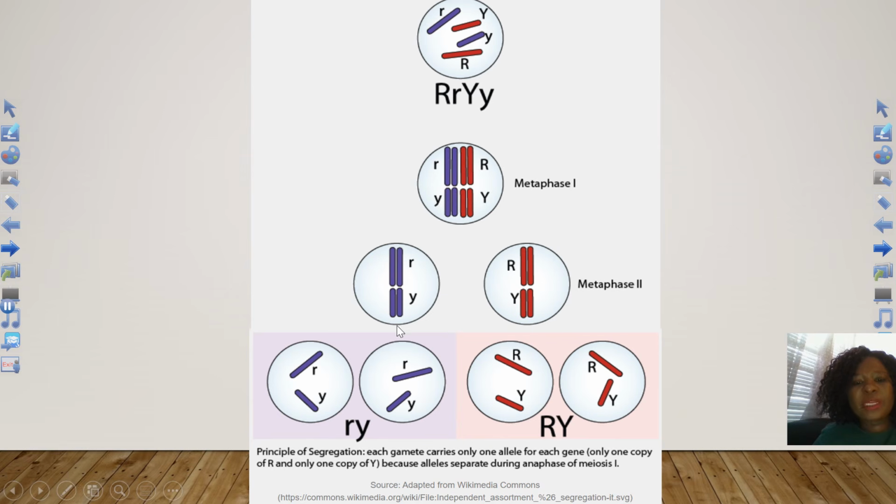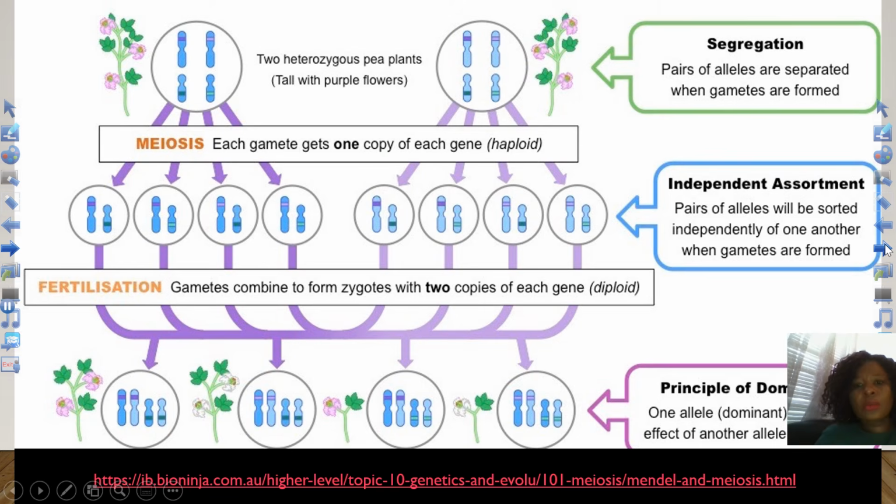This is showing you metaphase 2, how the cell would look with the chromosomes arranged at the equator, and then the segregation happens so that one gamete will have the small r, small y, and here they will have the capital R, small y. So from this parent, these are the possible combinations in the gametes that we can get, which happens as a result of segregation.